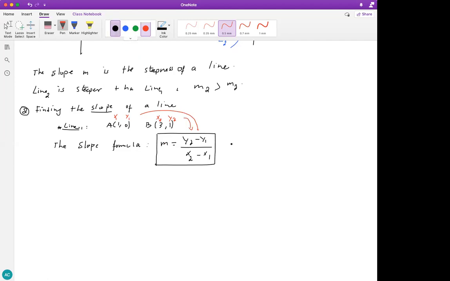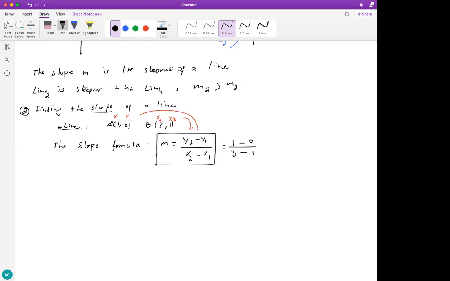So it's plug in. So m is, what is y2 from these values? Y2 is here, that's 1. Minus y1. What's y1? It's 0, right? And then you have x2, which is given here, 3, minus x1, 1. 3 minus 1 is 2.